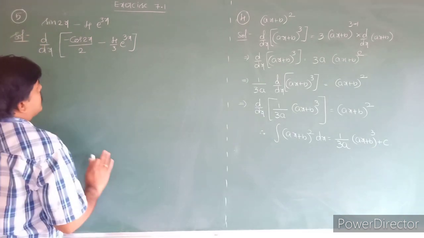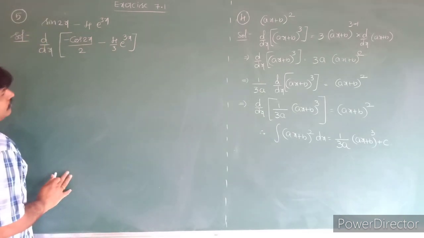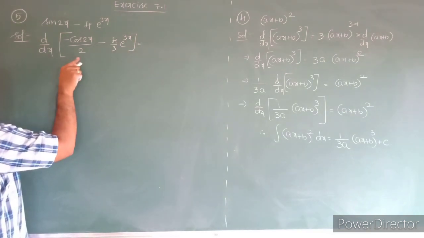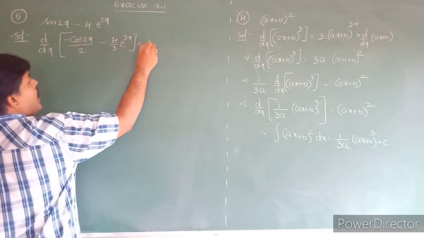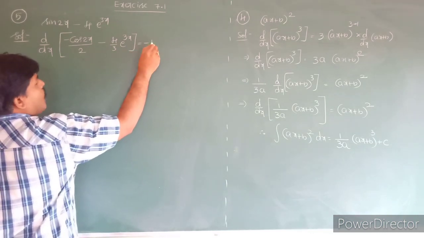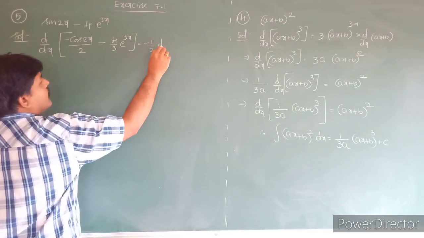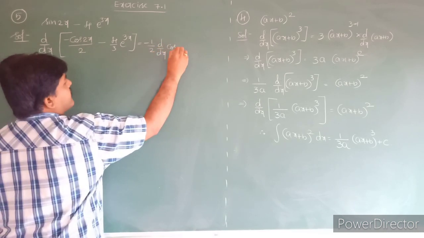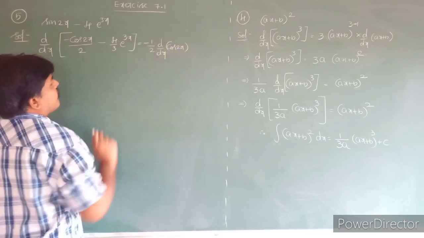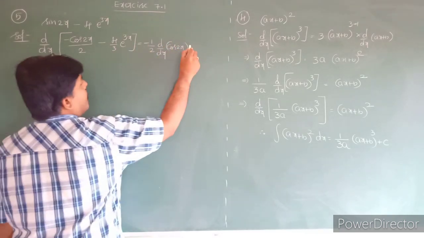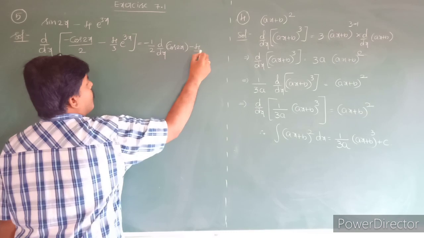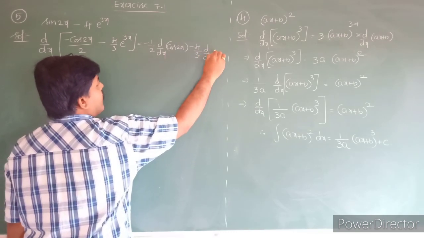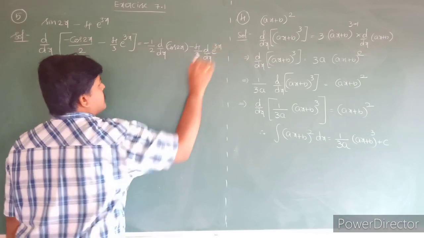So see that one. First apply the derivative for this function: minus 1 by 2 into the derivative of cos 2x, minus 4 by 3 into the derivative of e power 3x.